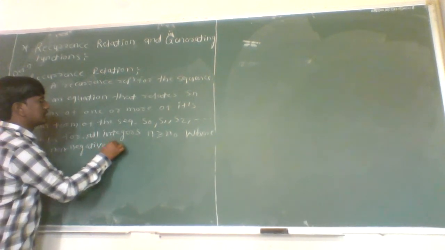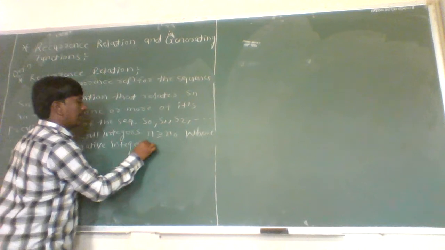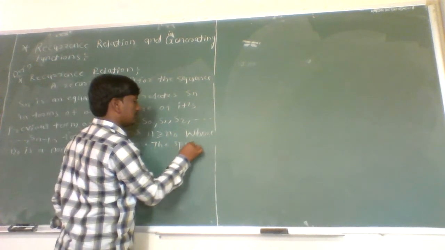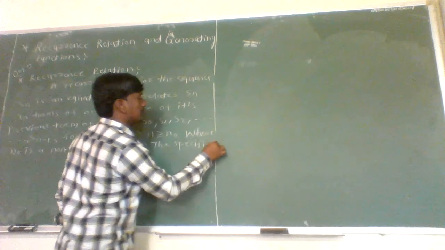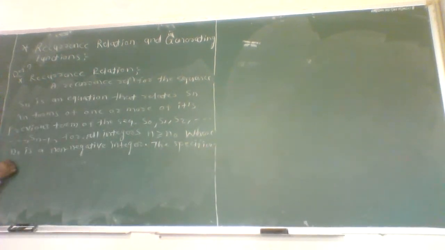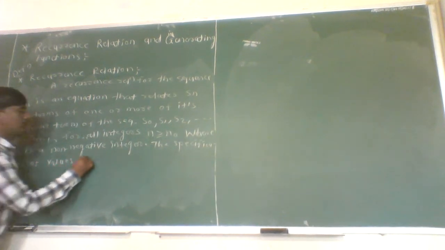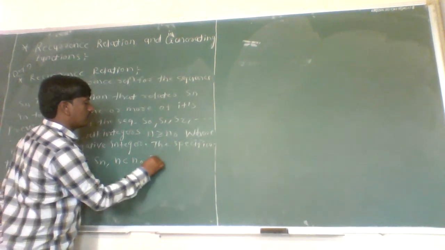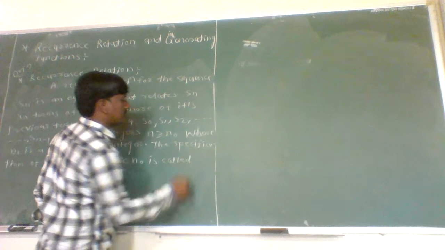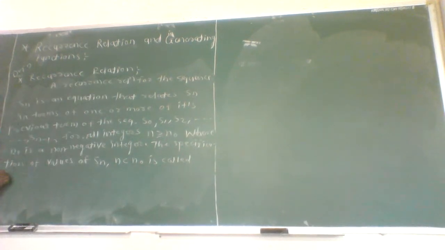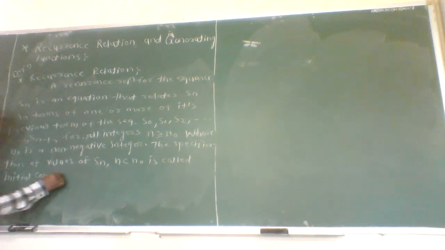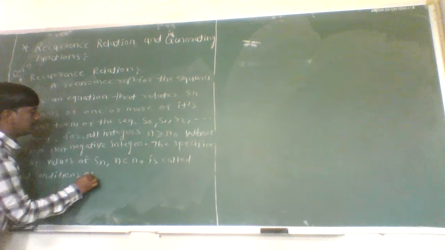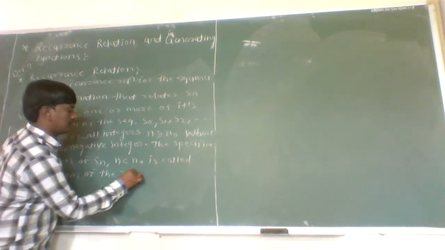And the specification of values of Sn such that n is less than n naught is called the initial conditions of the recurrence relation.